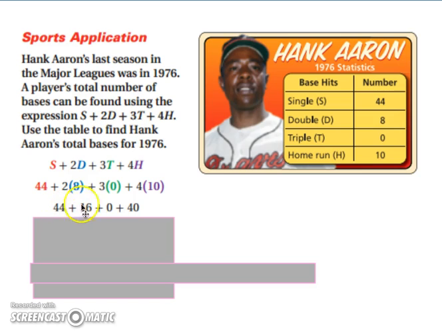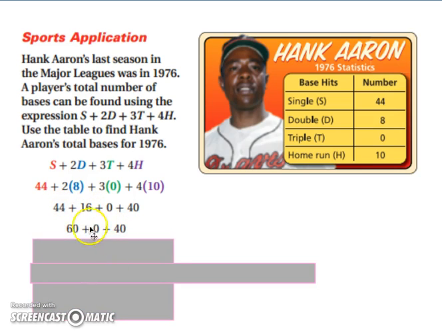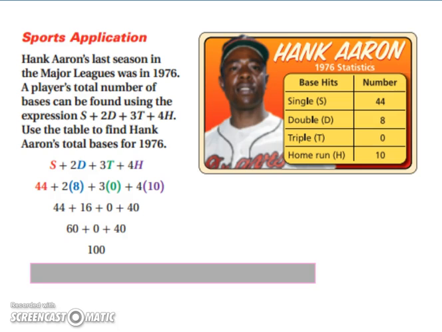So we have 44 and 16, which gives us 60. So we have 60 plus 0 plus 40. Well, 60 plus 0 is just 60. So 60 and 40 make 100. Therefore, Hank Aaron's total number of bases that he hit in the year 1976 was 100 of them.